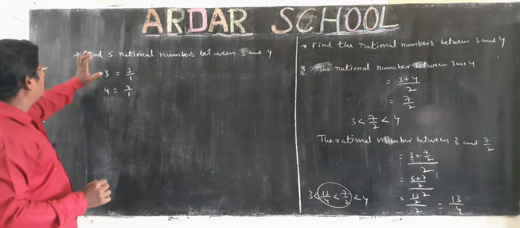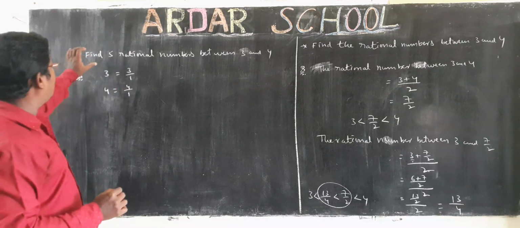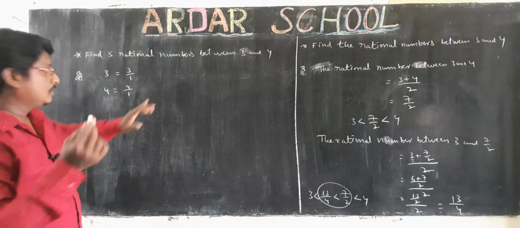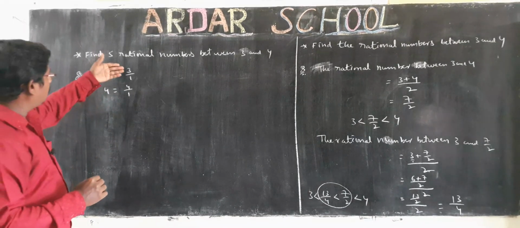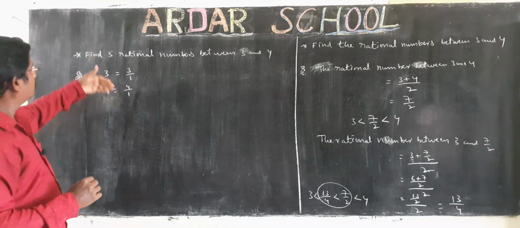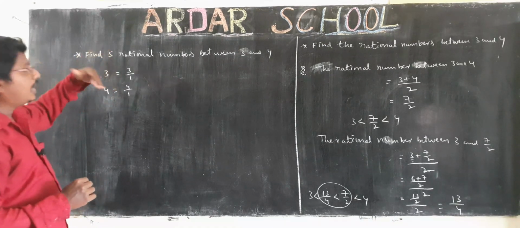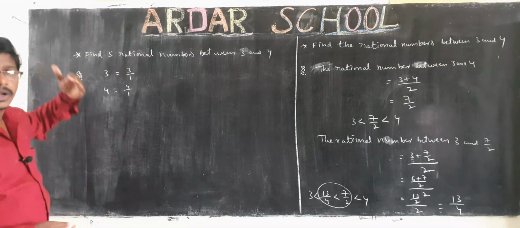How many rational numbers are required? 5. So we have to multiply each fraction, numerator and denominator, by one more than the required number of rational numbers.